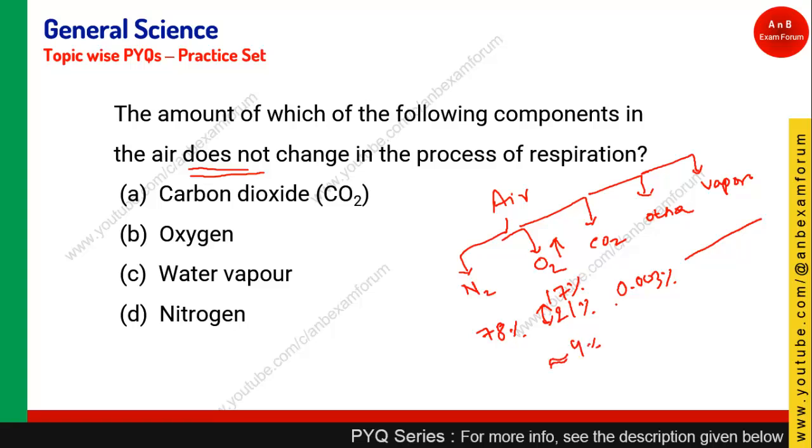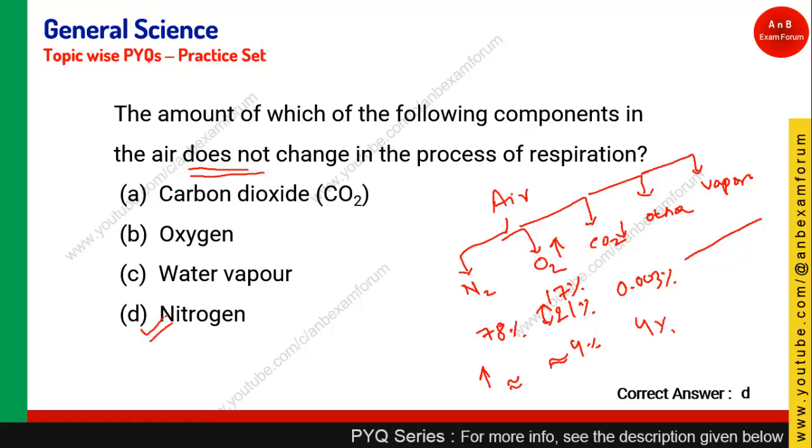And what about carbon dioxide? Carbon dioxide is released by human beings into the atmosphere, so its percentage increases by 4%. The nitrogen we are not able to take, so as it is we are exhaling nitrogen. So option D is the right answer.